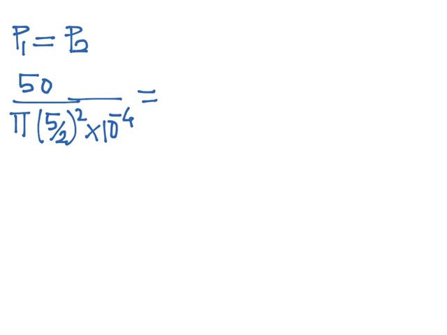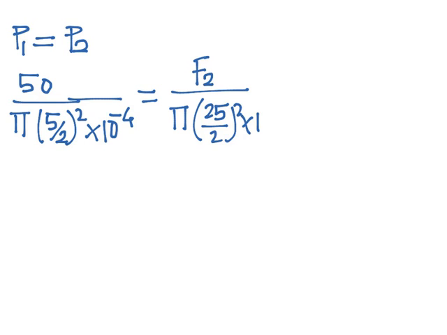Obviously P2 is nothing but F2 by, again, pi times (5 by 2) squared into 10 to the power minus 4. This goes off, and even the pi goes off.